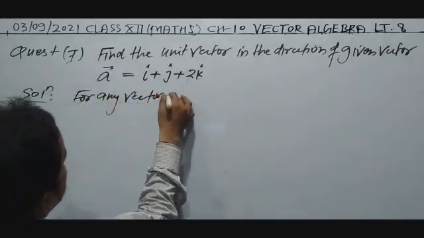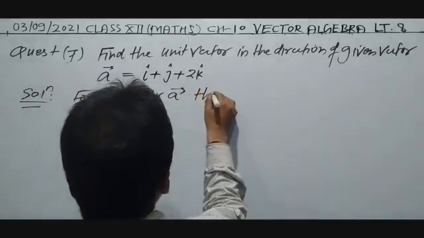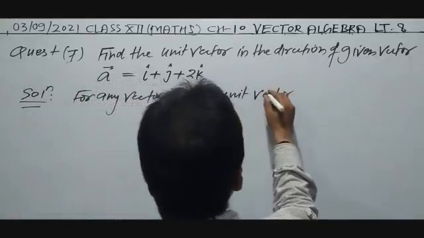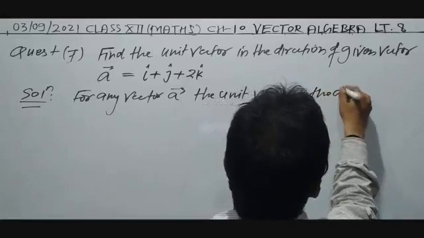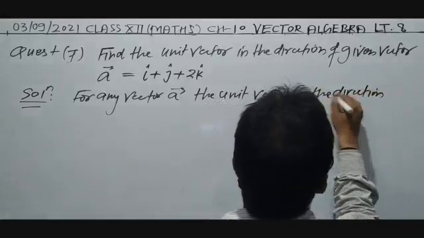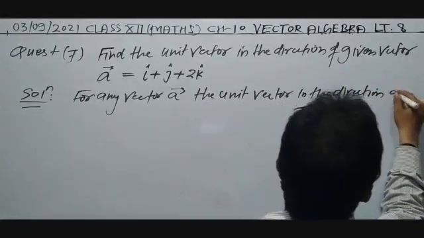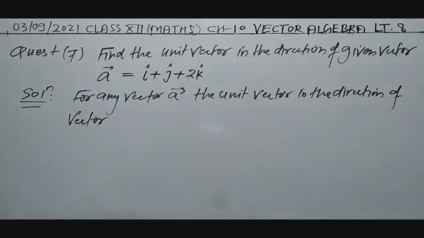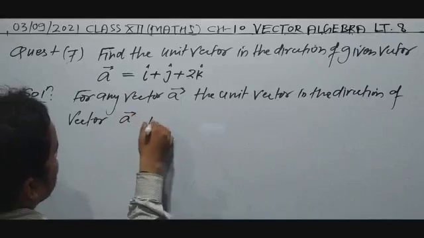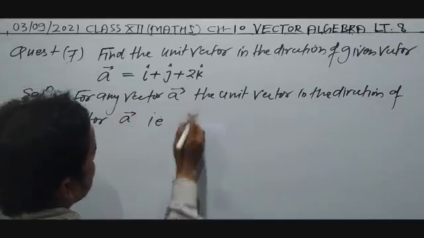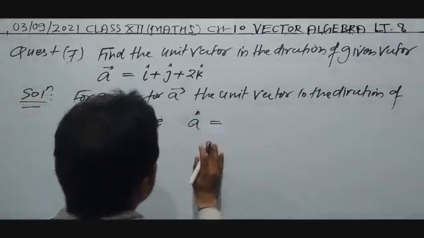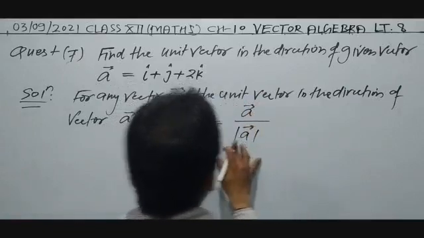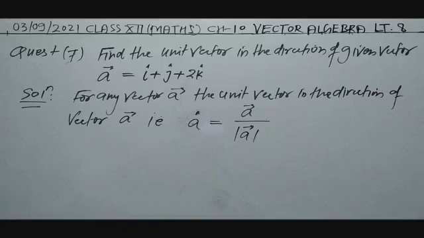For any vector A, the unit vector in the direction of vector A, that is A cap, is equal to vector A upon mod of A. This is the formula, you know.